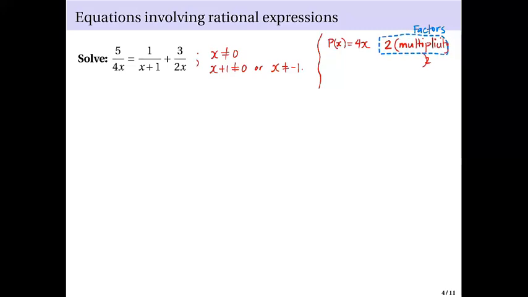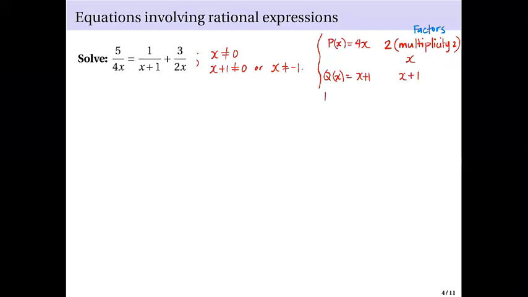So multiplicity 2, and then of course you have your x. This is for your p of x. For q of x, we only have x plus 1, so the factor is just x plus 1.